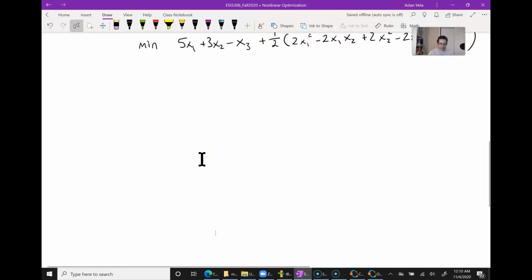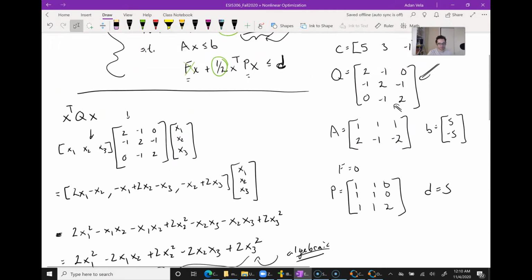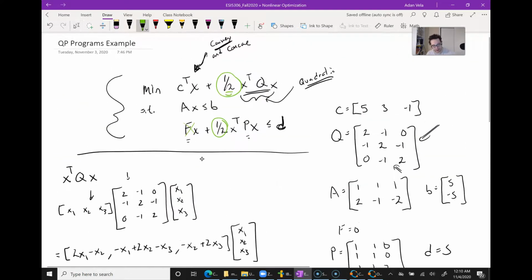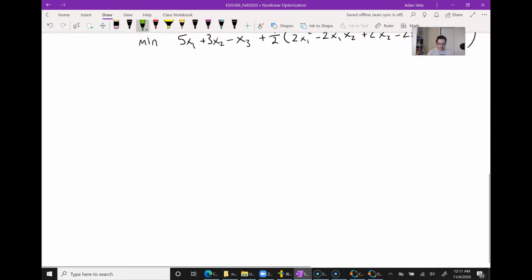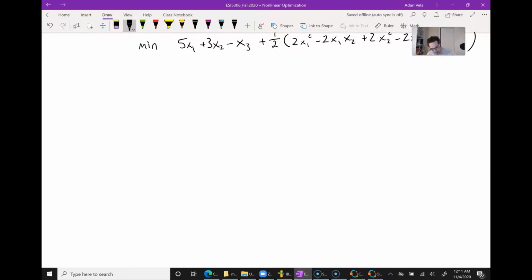Historically in optimization, we usually put a 1/2 before these terms because they make the derivatives a little bit easier. When you're working with matrices and you take the derivative, which we'll call the gradient, let's say we're taking the gradient of this guy. We end up with x transpose Q.